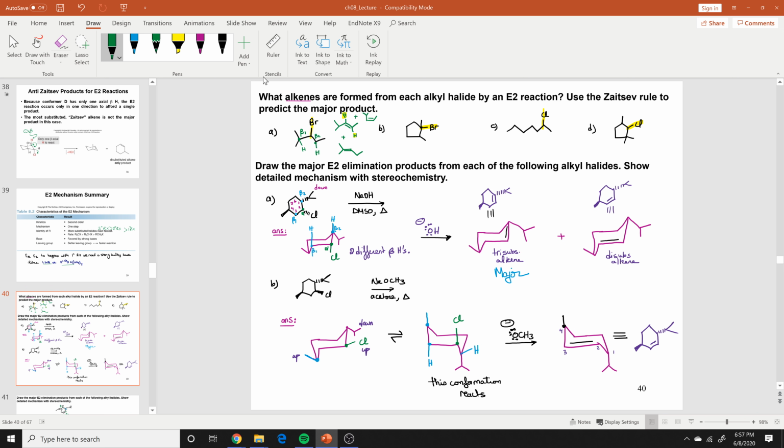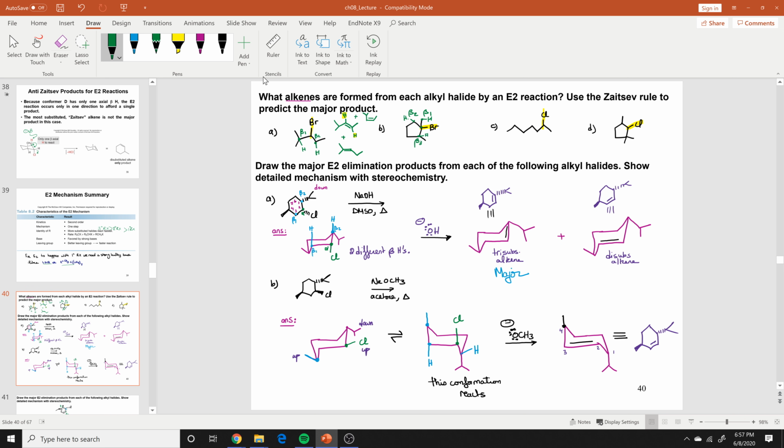Another example. This is going to be my alpha carbon. We highlighted this; this is going to be my beta. So it's going to be beta 1, beta 2 carbon, and beta 3 carbon. All of those are different, and all of those have hydrogens. So this is a beta 1 hydrogen, this is a beta 2 hydrogen, and that is a beta 3 hydrogen.